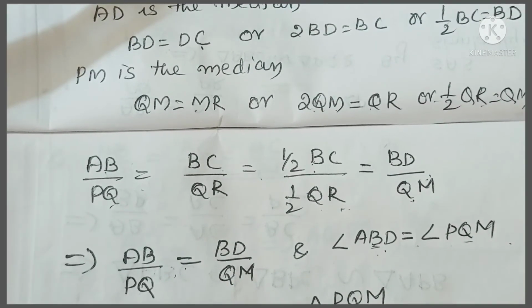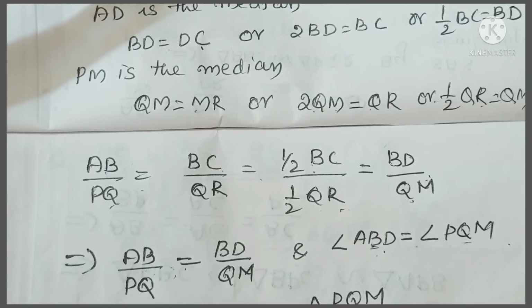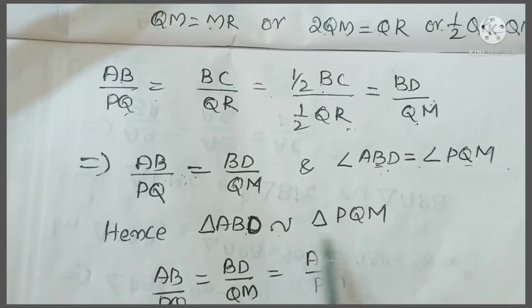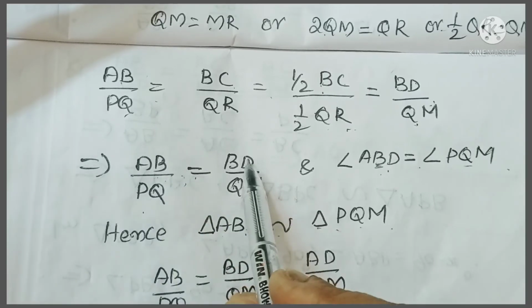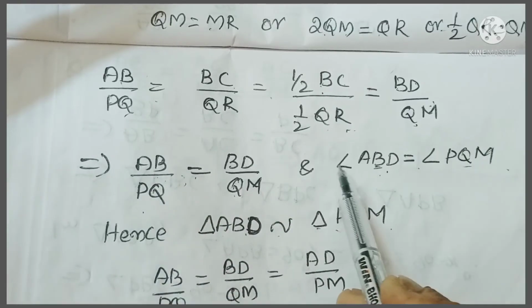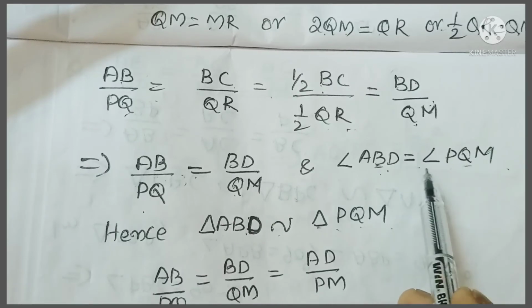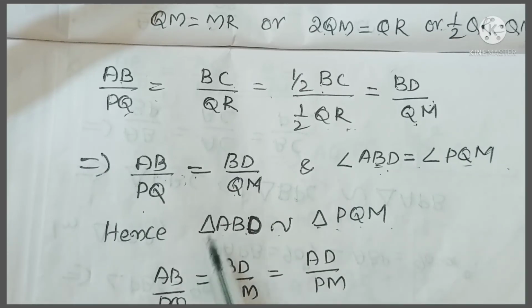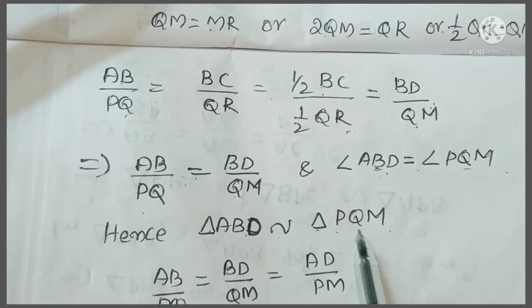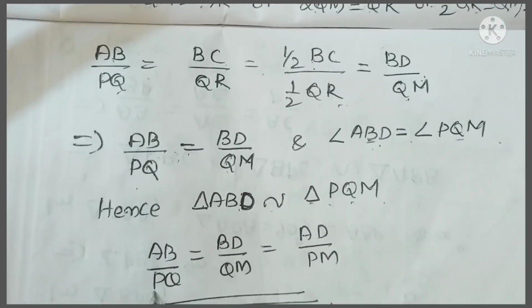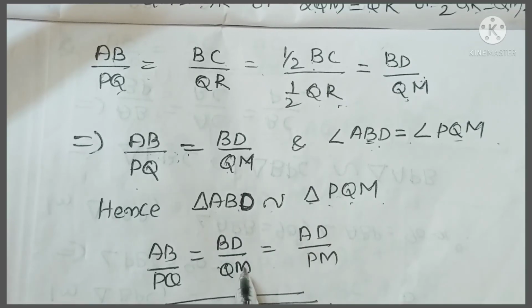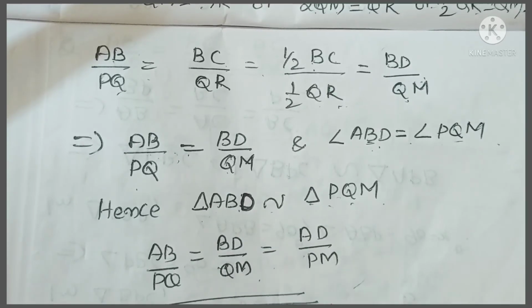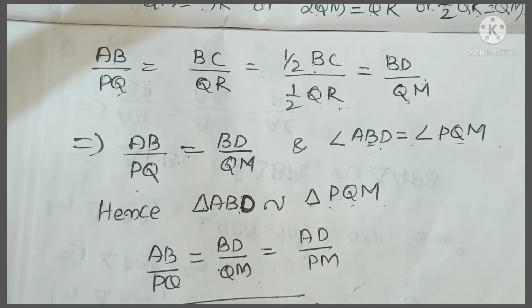Therefore, by SAS similarity, triangle ABD is similar to triangle PQM. That is AB by PQ equal to BD by QM, and the included angle ABD equal to angle PQM. Therefore, the two triangles are similar, and hence we can write the ratio of the sides: AB by PQ equal to BD by QM equal to AD by PM. Hence the proof.